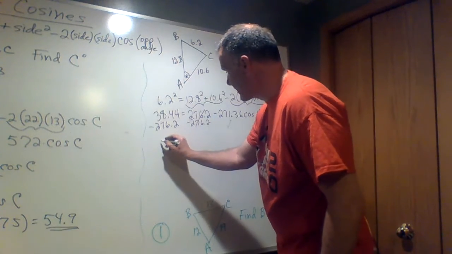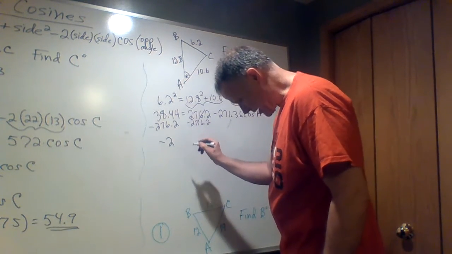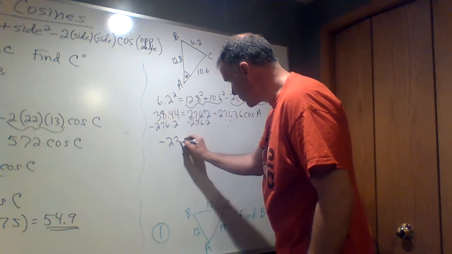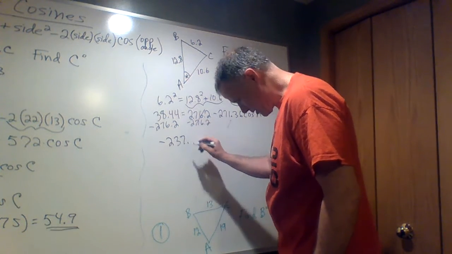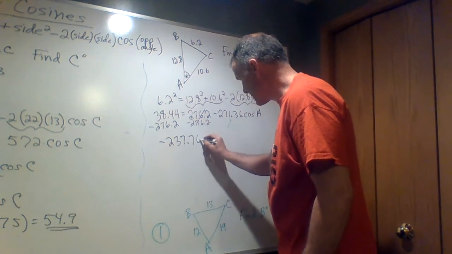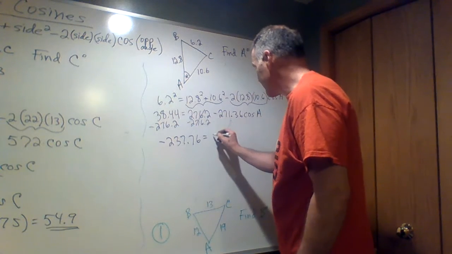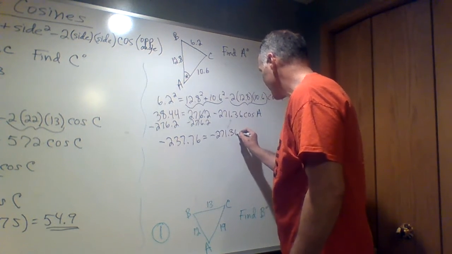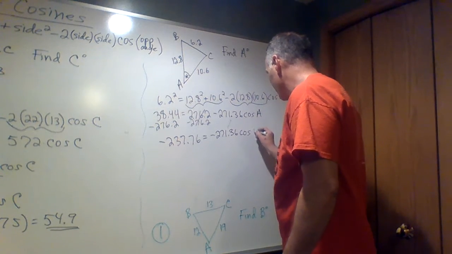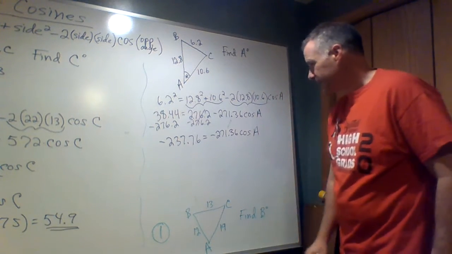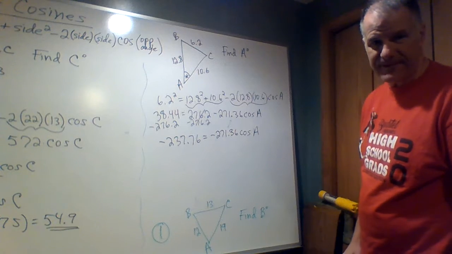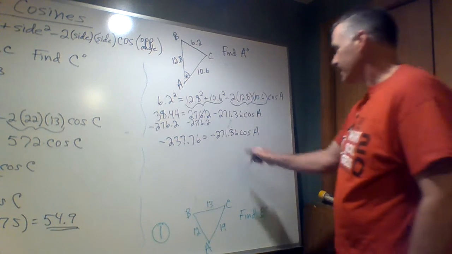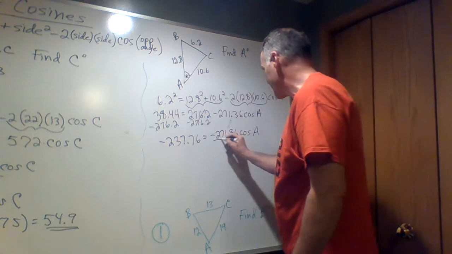Now, it's a negative, but we've already talked about that. It's not a big deal. 237.76. I still have the negative 271.36 in front of cosine A.